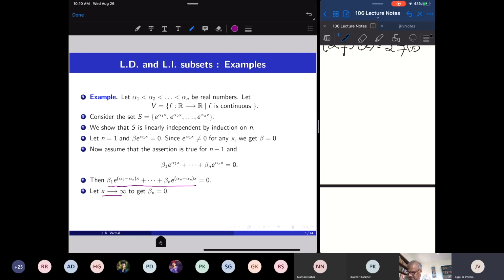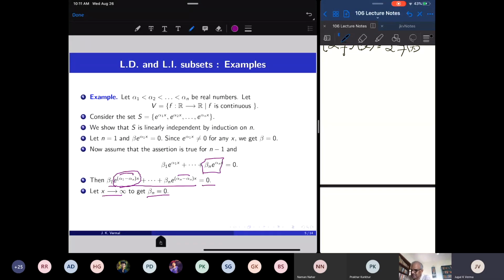But when I let x approach infinity, each exponent αi minus αn is a negative real number, so these terms go to zero. So in this relation, I will get only βn. The limit of the left-hand side function is just βn. The limit of the right-hand side function is 0, and therefore βn is 0. So I can put βn equal to 0 here.